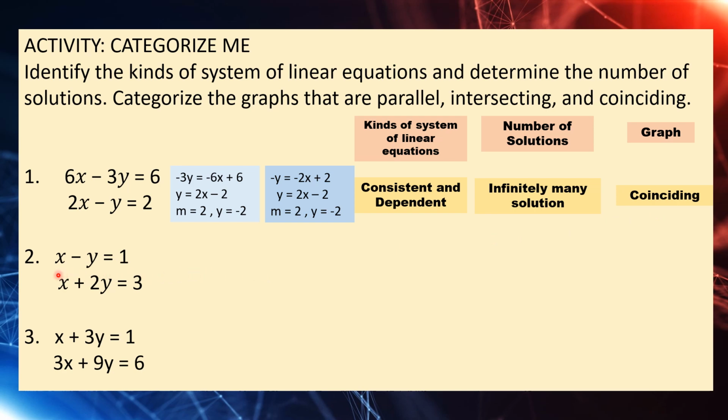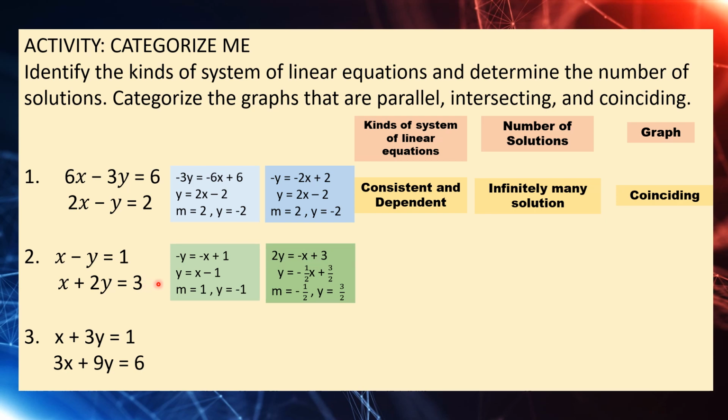Let's have number 2. x minus y equals 1 and x plus 2y equals 3. Again, it is not yet written in the form y equals mx plus b. So let's write first in the form y equals mx plus b. So we have now negative y equals negative x plus 1. We transpose positive x to the right side of the equation.